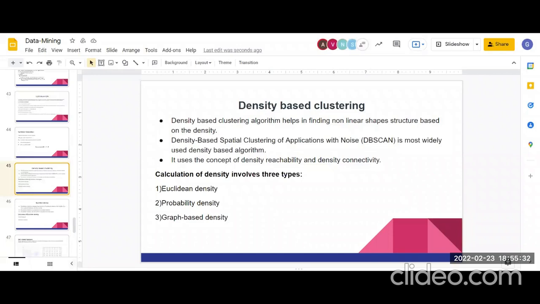So basically, clustering is a task of grouping a set of objects in such a way that objects in the same group, called a cluster, are more similar to each other in some sense than to the data points in other groups or clusters.